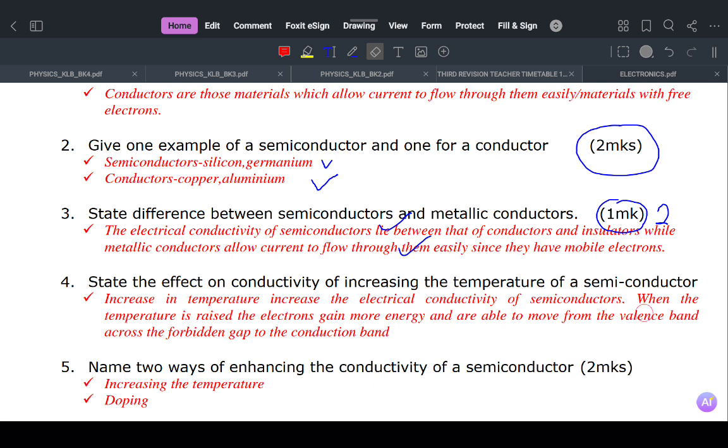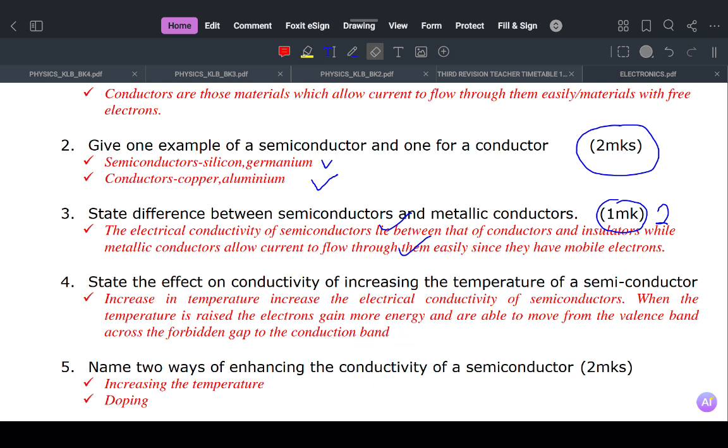This is because when the temperature is raised, the electrons gain more energy. So electrons in the valence band will gain more energy. As a matter of fact, this energy is kinetic energy. So because of that gain in energy, they are able to move from the valence band across the forbidden gap to the conduction band.